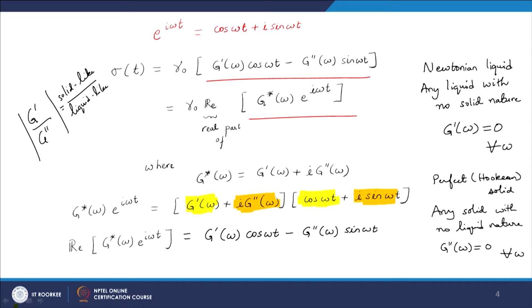So, if this term is much higher than 1, we say that the material is mostly a solid. If it is much smaller than 1, then we can say the material is mostly a liquid. If it is comparable to 1, we can say it is viscoelastic, and in there it can be a viscoelastic liquid or viscoelastic solid depending on the magnitude of this quantity.